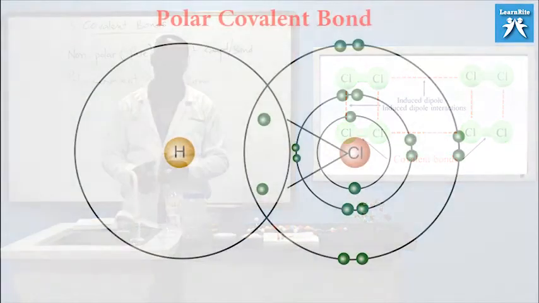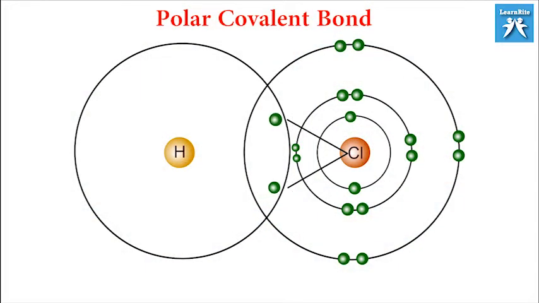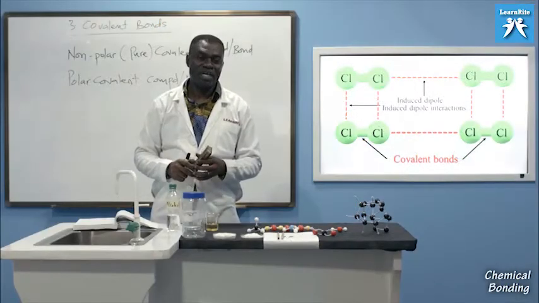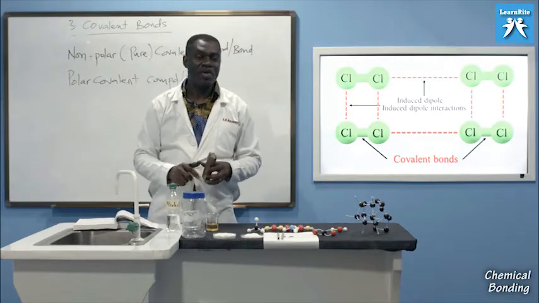Where one decides to take a higher percentage of the two electrons onto himself than the other, then where the electron shifts will be more negative, and the other side, which will have less electrons, will be partially positive. So some polarity will be introduced into the bond, and then we say that will become a polar covalent bond.